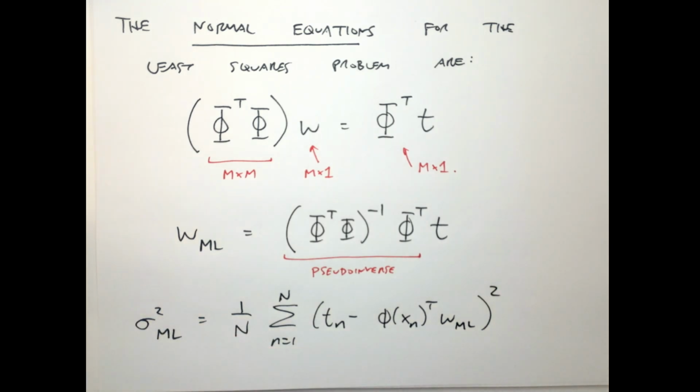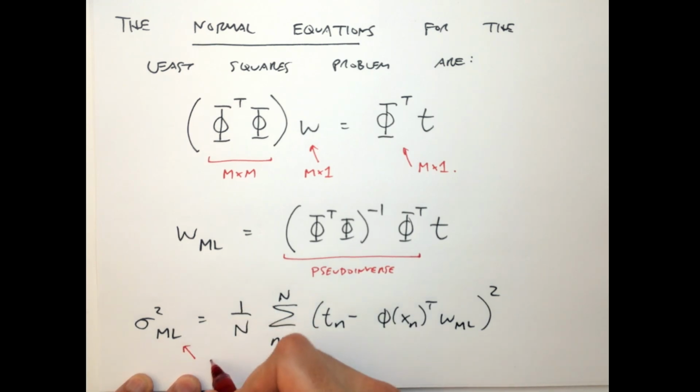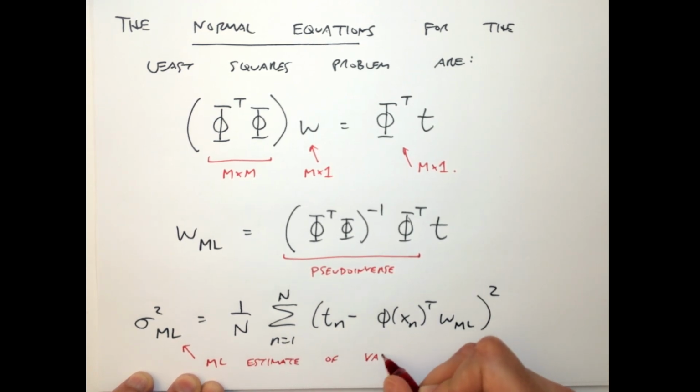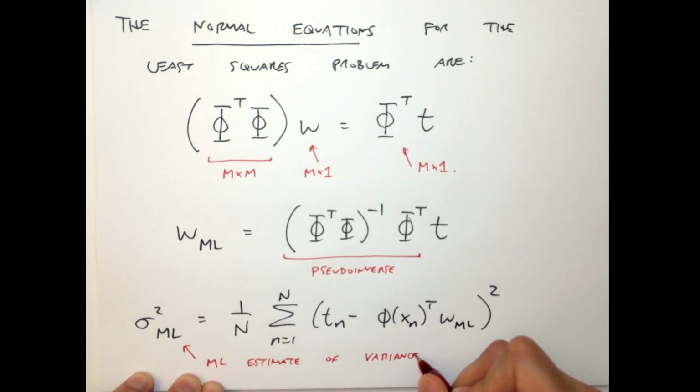So here, this is the ML estimate of the noise variance, which I don't know, right? Okay, so nothing really new here, just in a slightly different form than maybe you're used to seeing it.